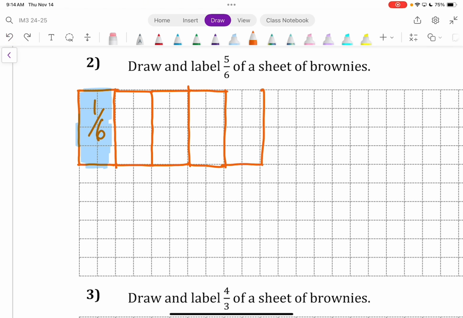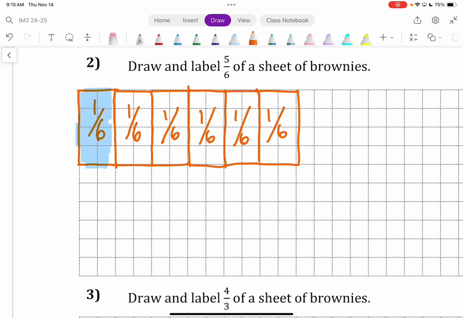This one's bad. 5 and 6. So that's 1/6, 1/6, 1/6, 1/6, 1/6. A total of 6 sixes, but I'm only going to shade 5 of them.